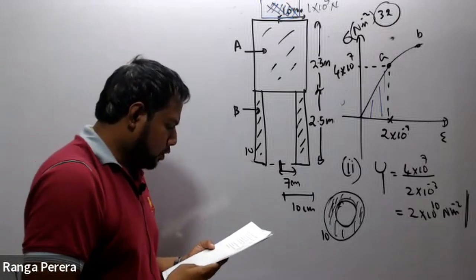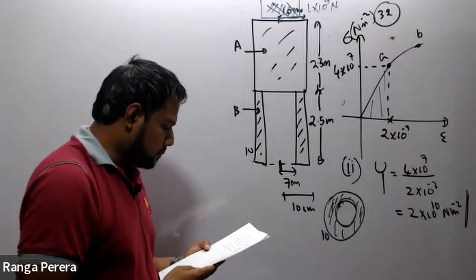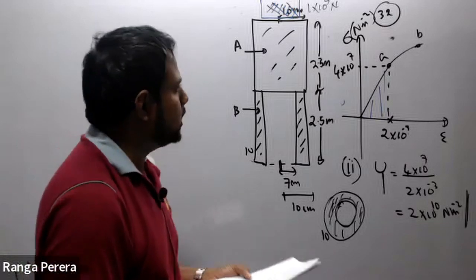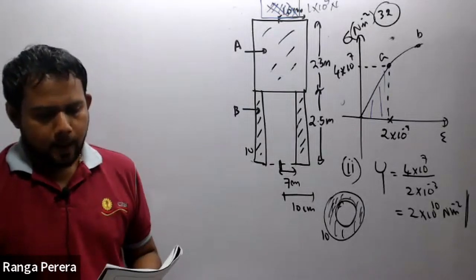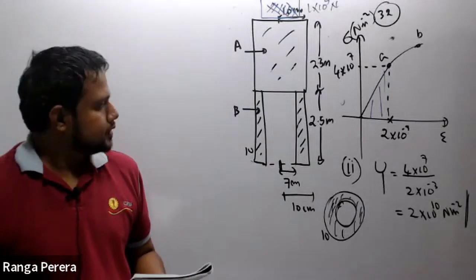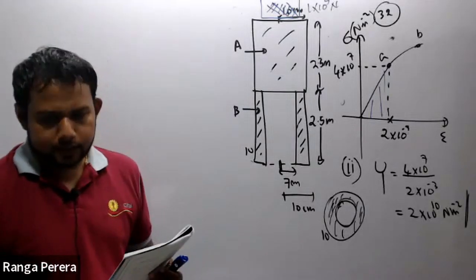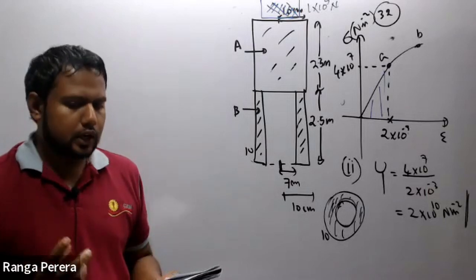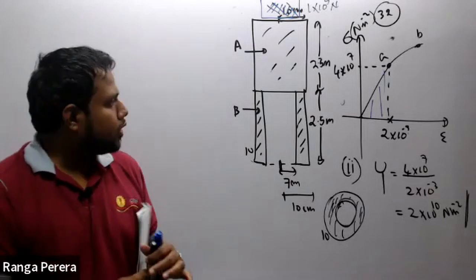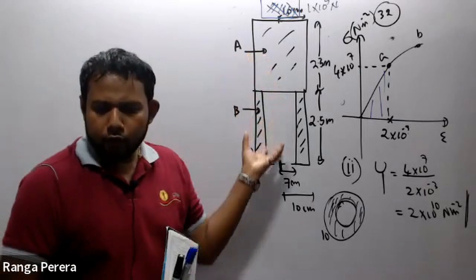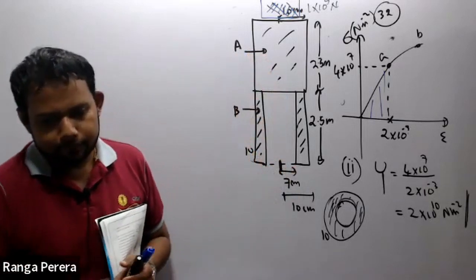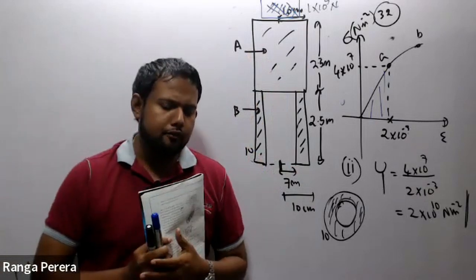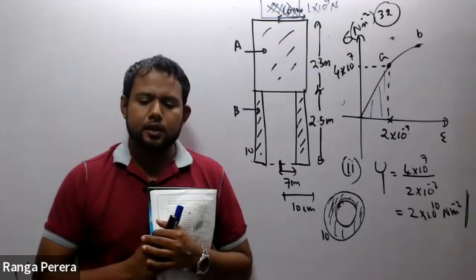What is the maximum load that can be supported by the pillar without breaking it? Now we have two cylinders. Do I need to consider the solid cylinder or the hollow cylinder when the breaking would occur?